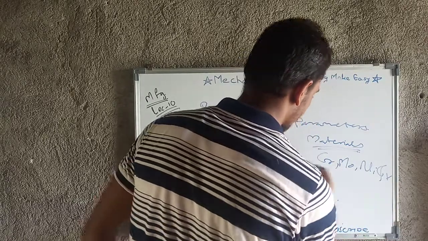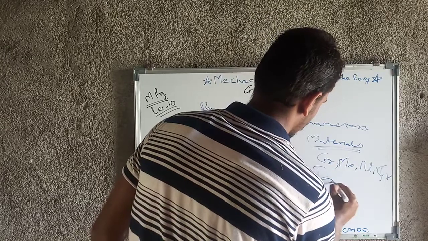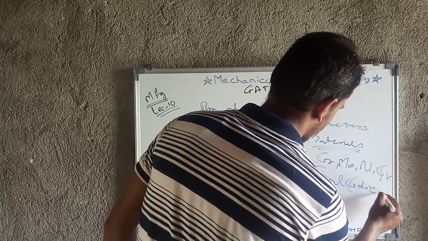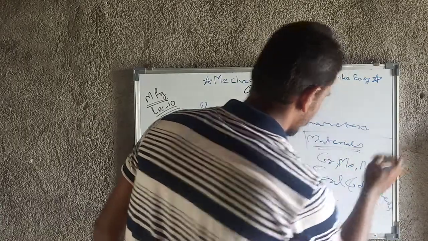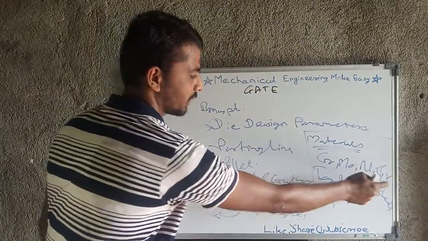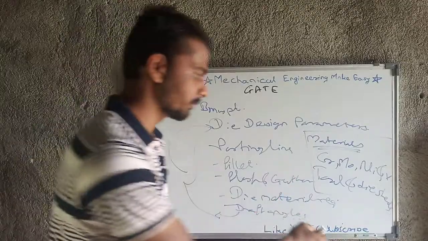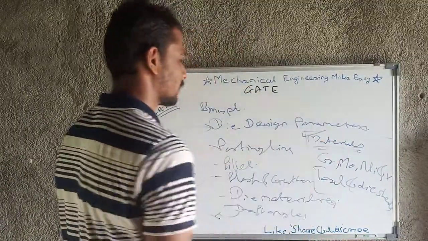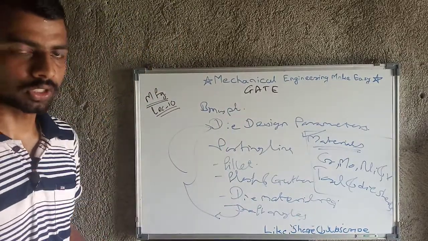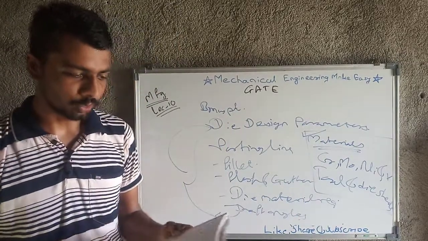If these alloying elements are present in tool and die steel, then that material is a die material for forging operation. This is all that I have designed for today's lecture.